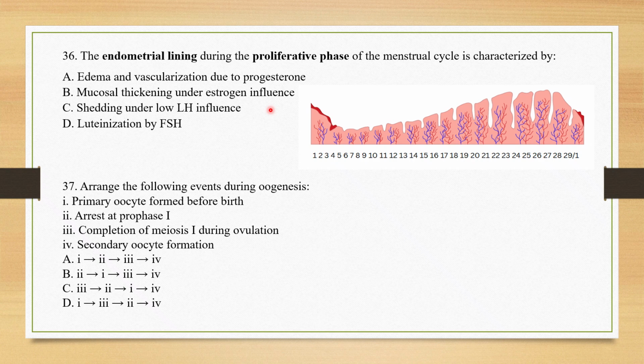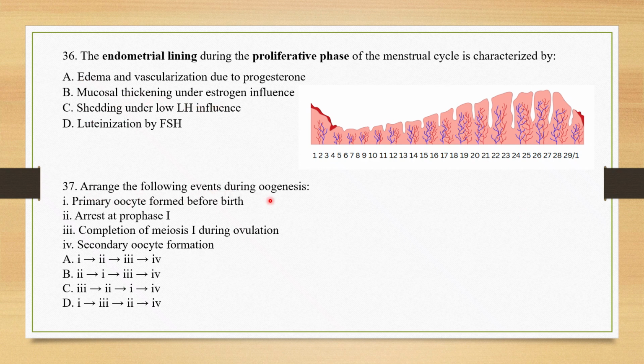This phase is under the influence of estrogen, which is secreted by developing ovarian follicles. Estrogen stimulates what all? Regeneration and thickening of the endometrial lining, growth of uterine glands, and proliferation of stromal cells. So here the right answer is option B, mucosal thickening under estrogen influence.